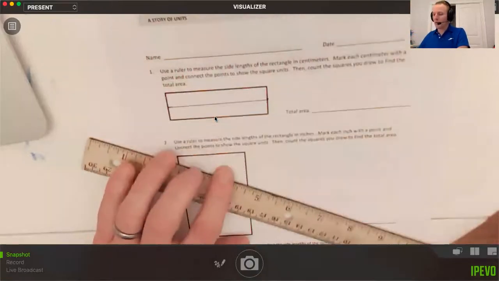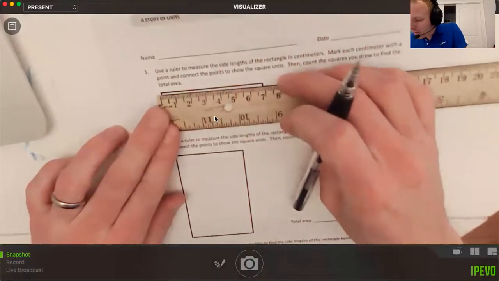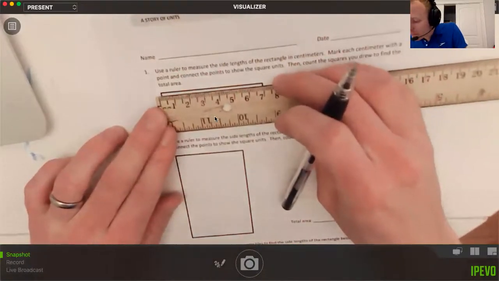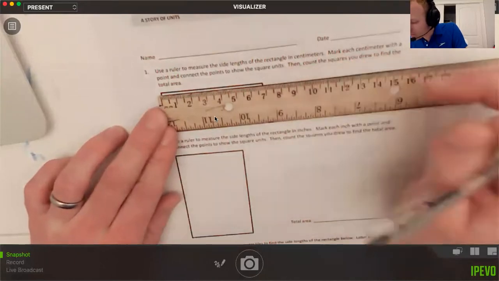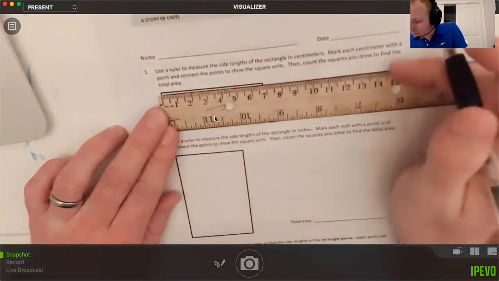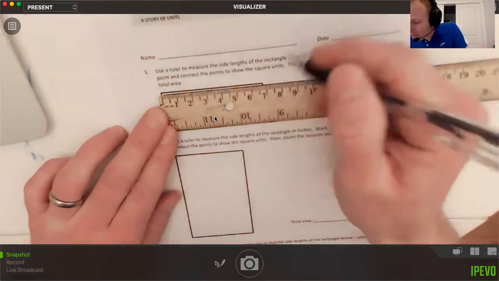Then I'm going to do the same on the top and the bottom. We have 1, 2, 3, 4, 5, 6, about 7.